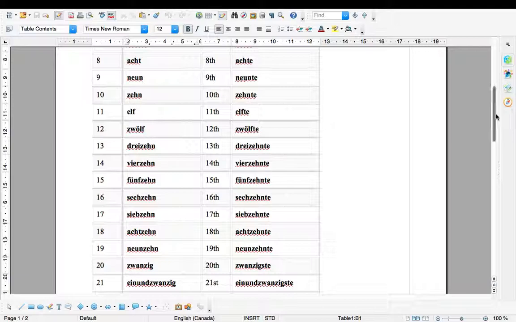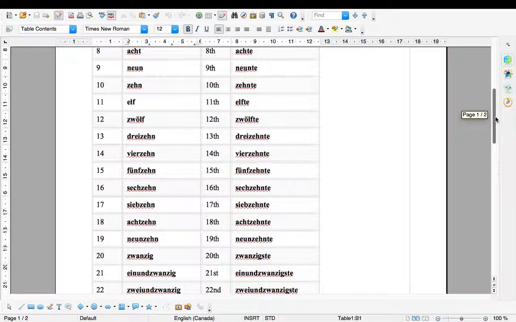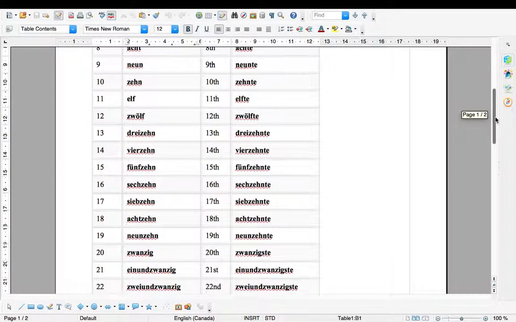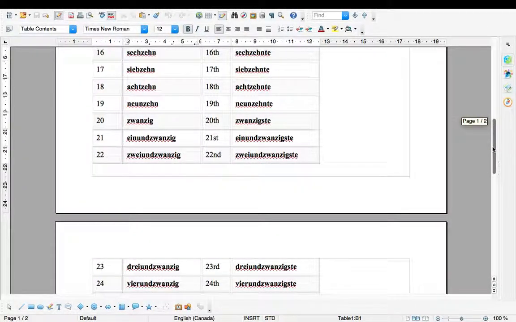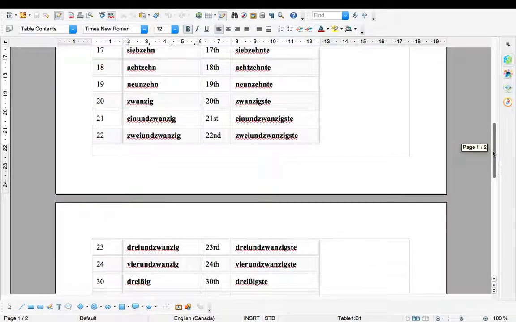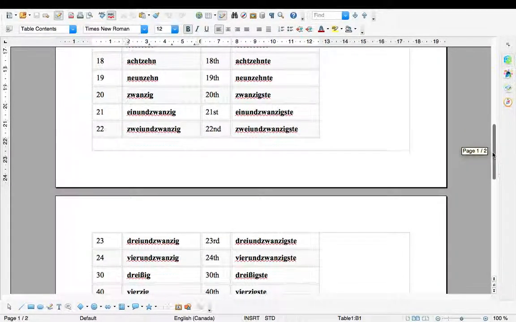And so on. Similarly, 22 is 2 und 20. 23 would be 3 und 20. 24 is 4 und 20. 30 and so on. So we continue.